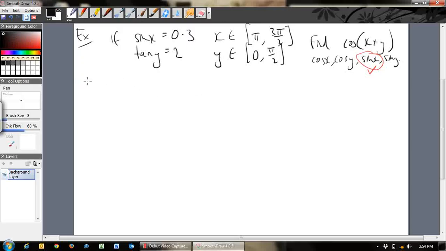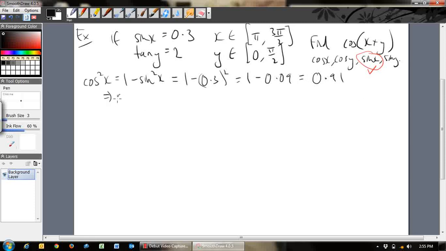Well, we know sine x, so I reckon cos x will be easy to find. Using our trigonometric identity, we know that cos squared x is equal to 1 minus sine squared x, which is 1 minus 0.3 squared. 3/10 squared is 9/100, so 0.09, which gives 0.91.